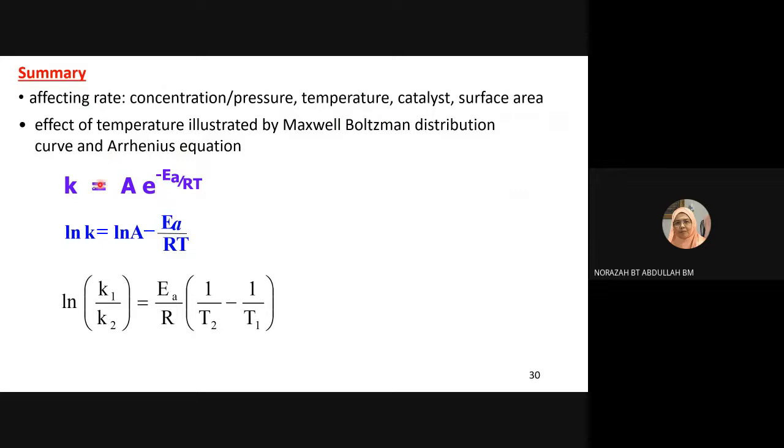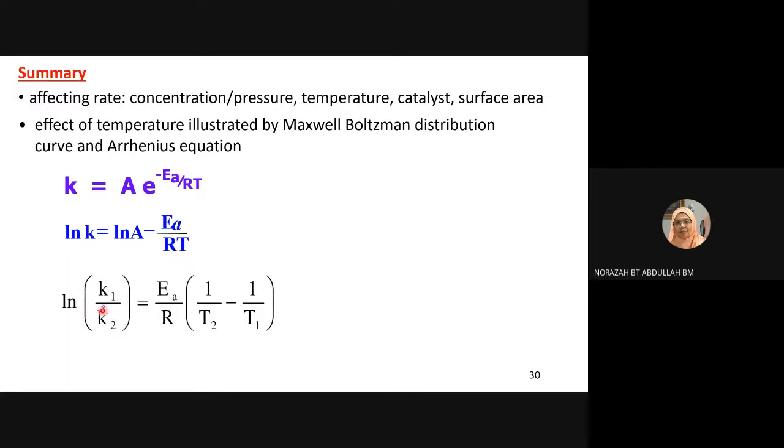The effect of temperature is explained based on Maxwell-Boltzmann distribution curve and the Arrhenius equation. Arrhenius equation dia relates rate constant with temperature. It is inversely proportional with 1/T ataupun proportional with T.